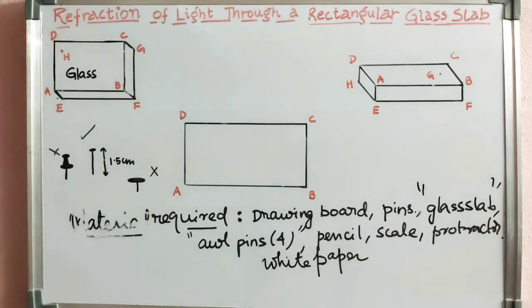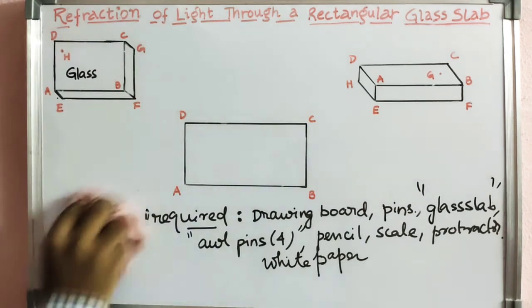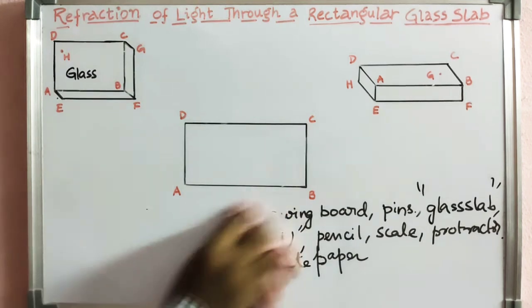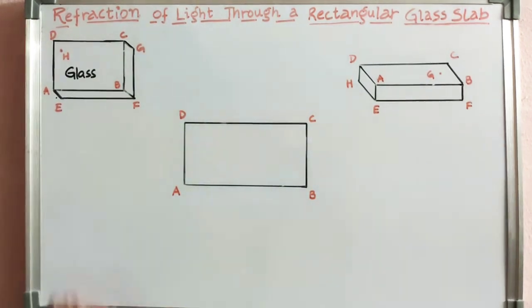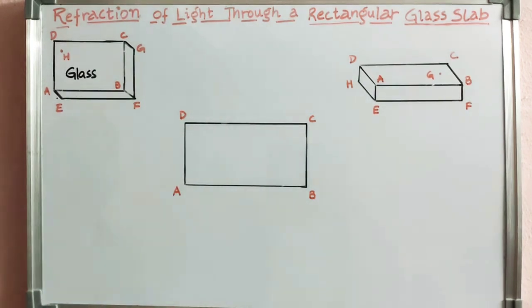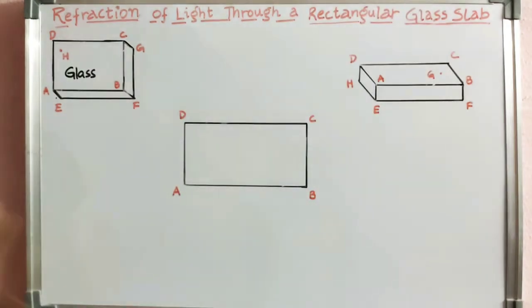Correct? So let us go into the activity. Now I am going to explain the procedure of the activity. Number 1: take a drawing board and fix the white paper on it, using drawing pins or thumb pins.